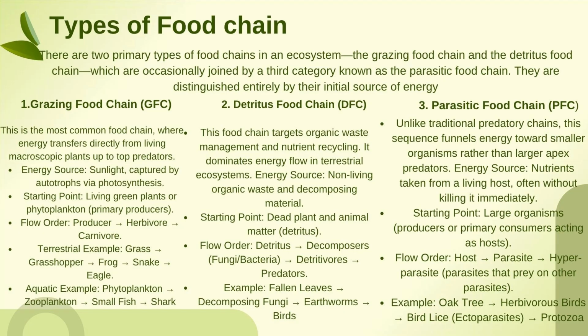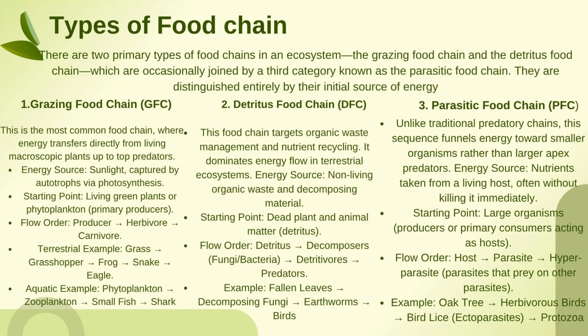First one is the grazing food chain. This is the most common food chain, where energy transfers directly from the living plants to the predators. So the energy source will be sunlight. It will be captured by the autotrophs in the process of photosynthesis, preparing their own food. The starting point will be living green plants, that is phytoplanktons or primary producers.